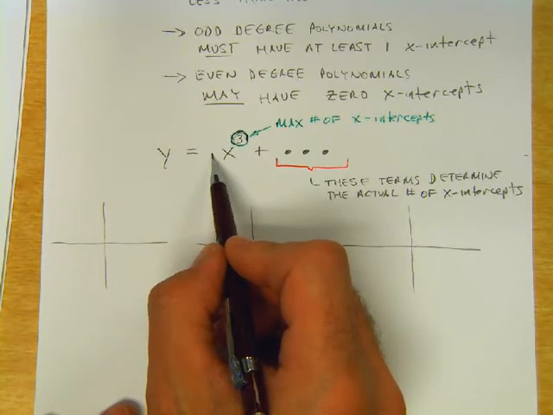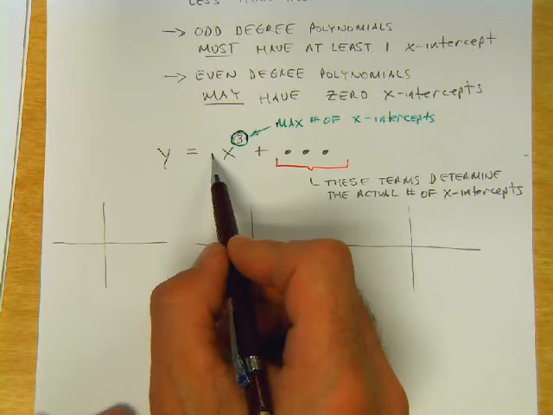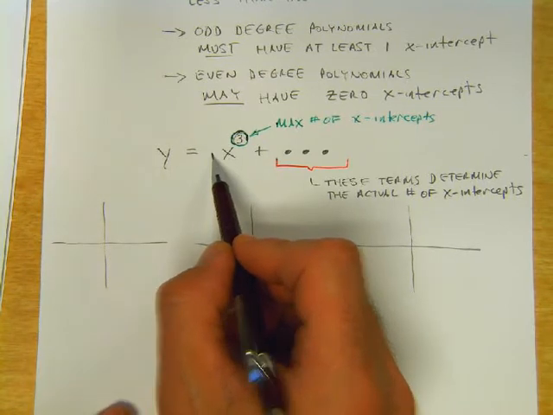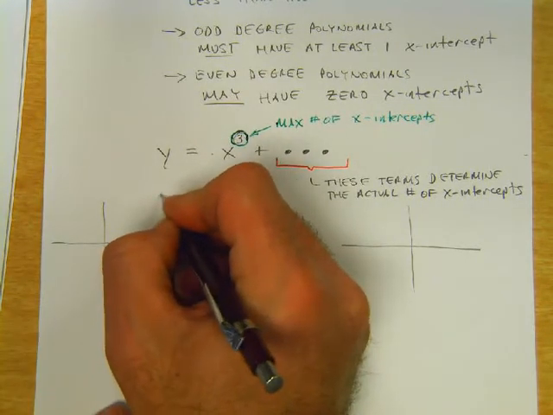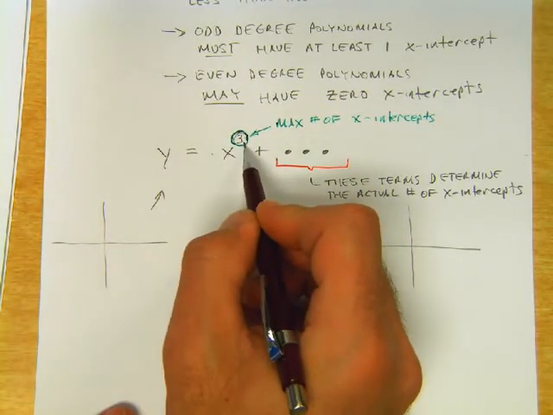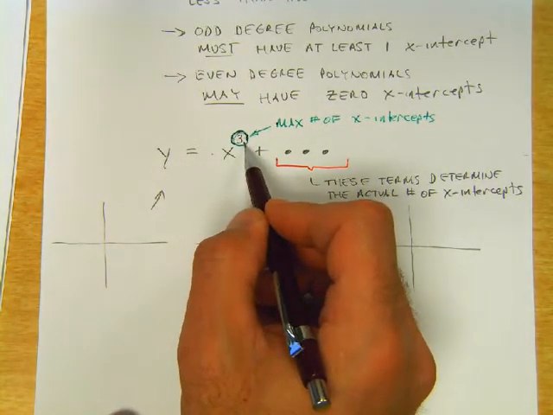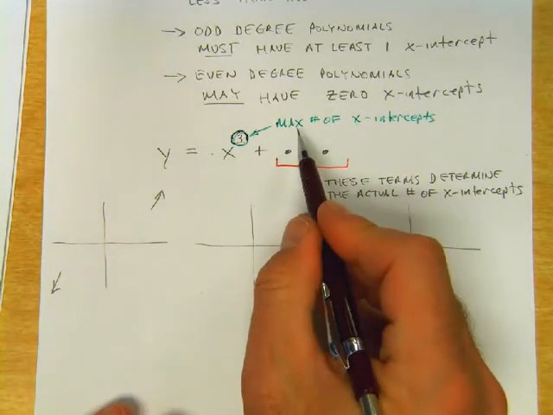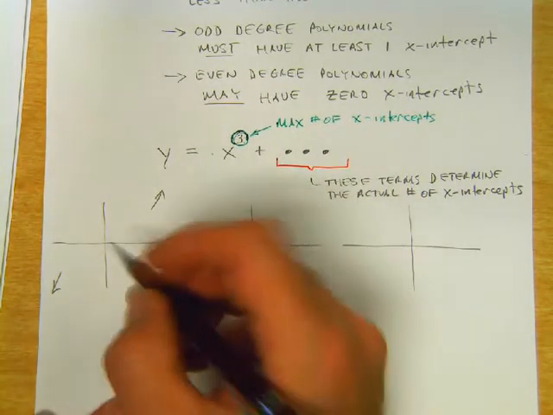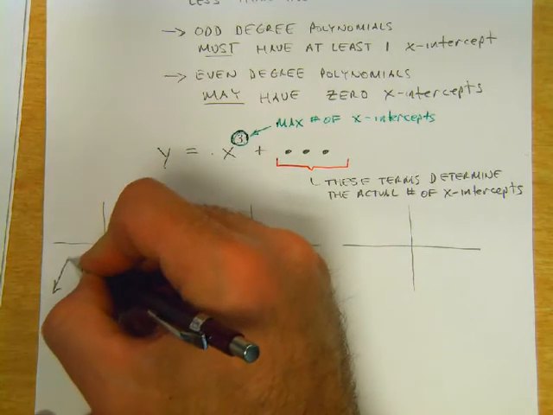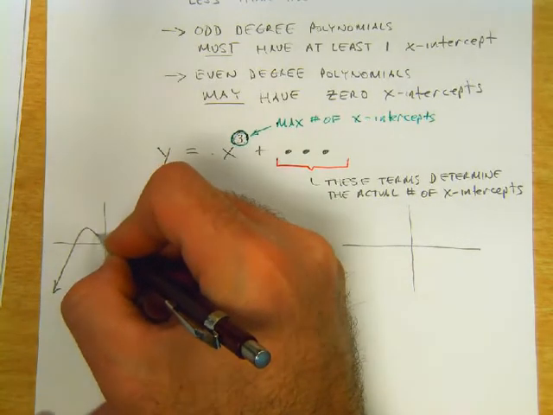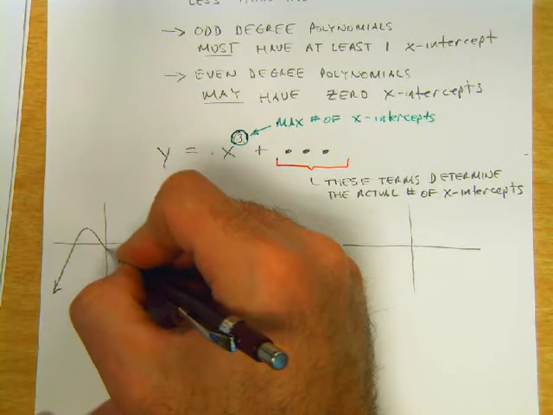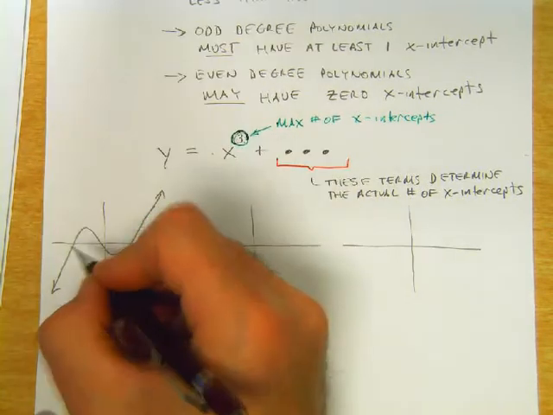The degree is odd, so the left hand is going to be down. And if we had the maximum number of intercepts, the polynomial could look something like that, where we would have 1, 2, 3 x-intercepts.